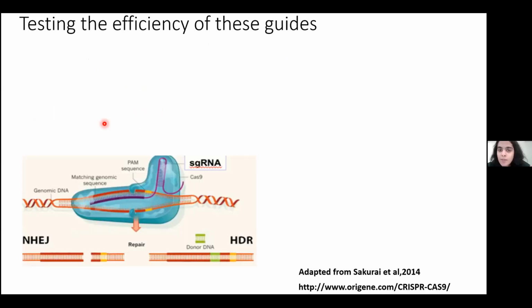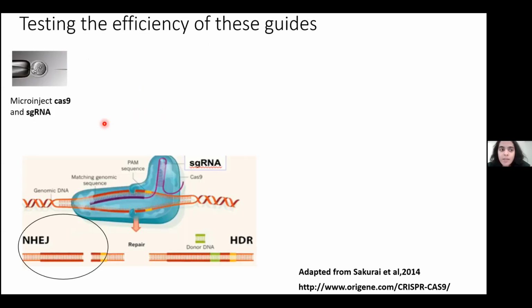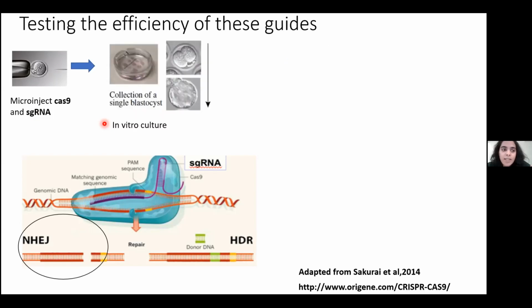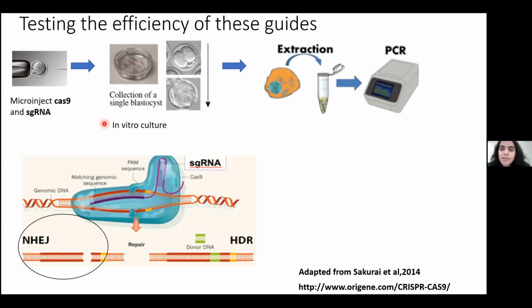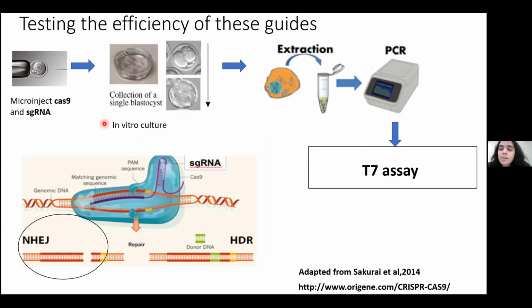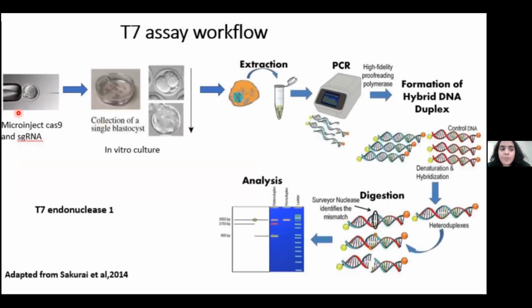Another method to screen, an indirect method, involves the same thing: injecting with Cas9 and single guide RNA, collecting the blastocyst, extracting the DNA, and then there's something called the T7 assay. What this involves is that when you first inject the Cas9 and single guide RNA in the 2 or 3 cell stage, some cells take up the complex and some cells don't.